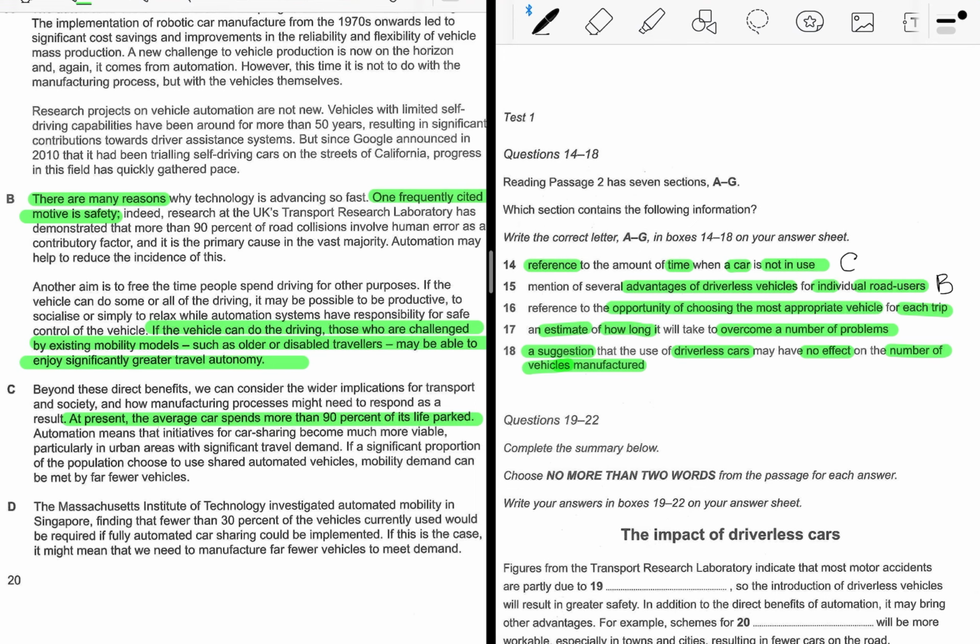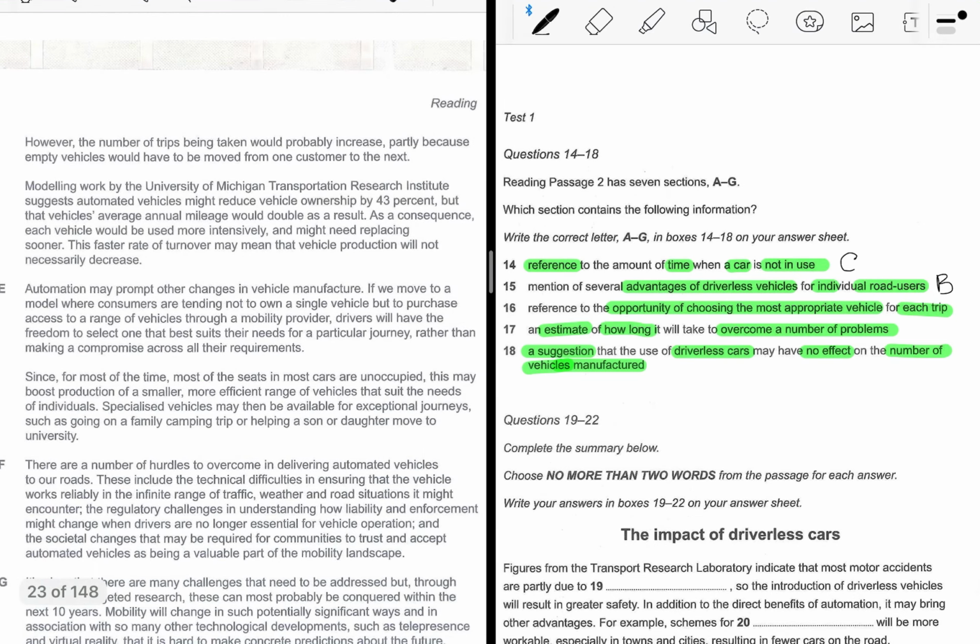Let's read paragraph D. Okay, let's go to the next page. Look at the last line.